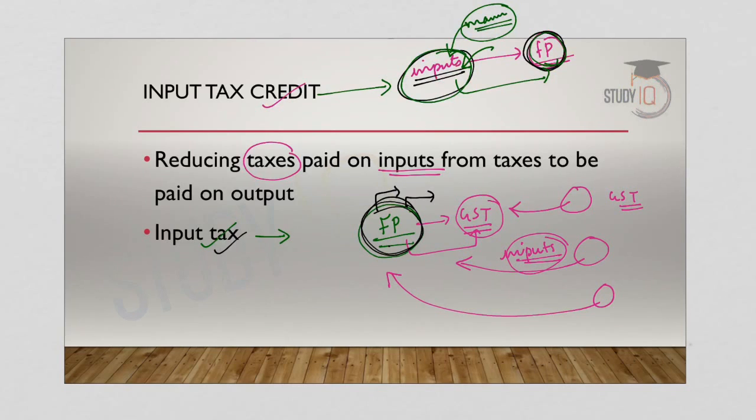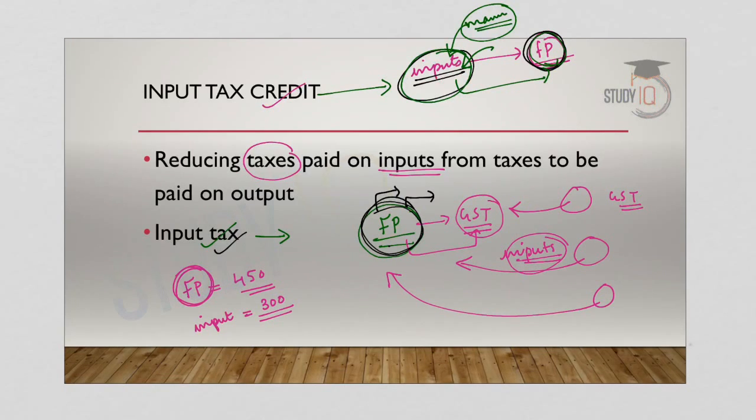In order to explain it further, let us take an illustration. Suppose the tax to be paid on the final product is 450 rupees. While making this final product, the producer must have paid taxes on various inputs, and let us assume these taxes amount to 300 rupees.